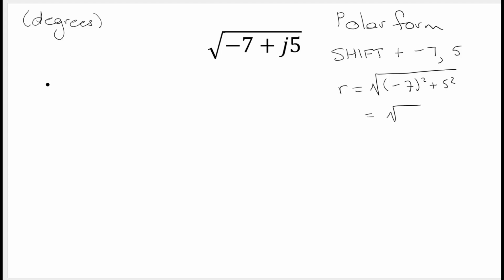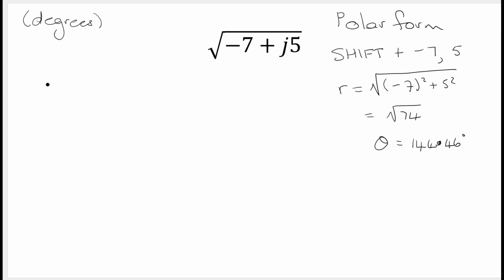So it's the root of 74. But you can just write down, if you're in degrees, that the angle theta is approximately that. So all we've done is rewrite negative 7 plus j5 in polar form.